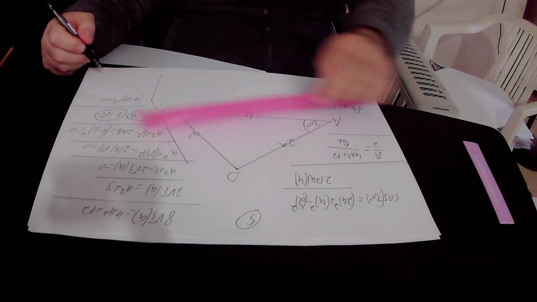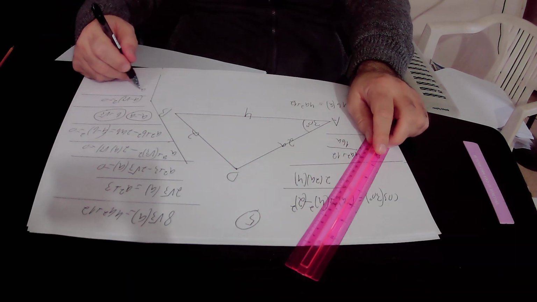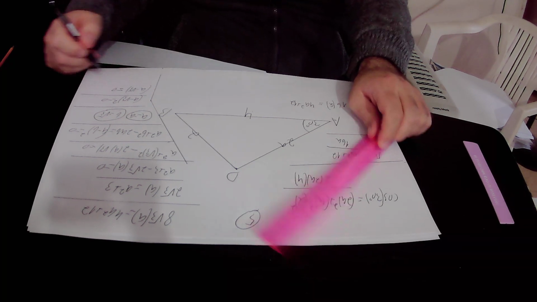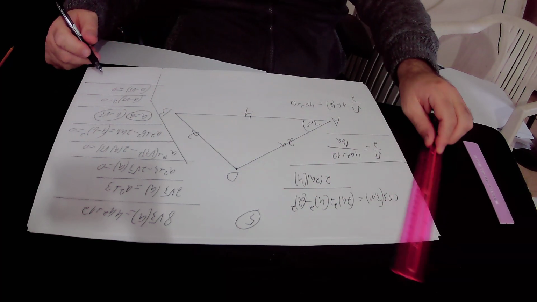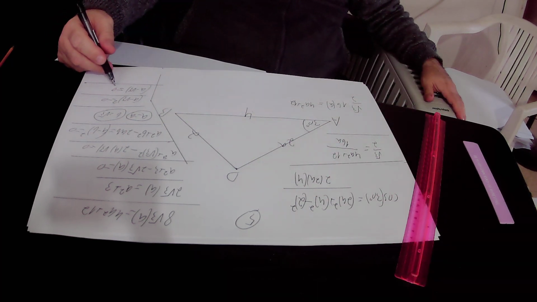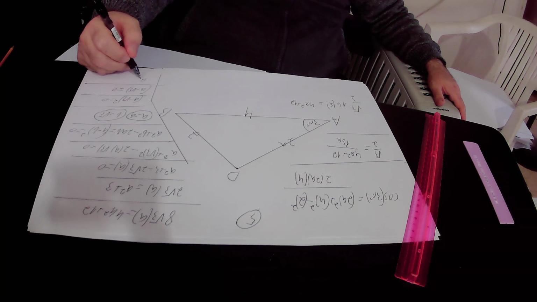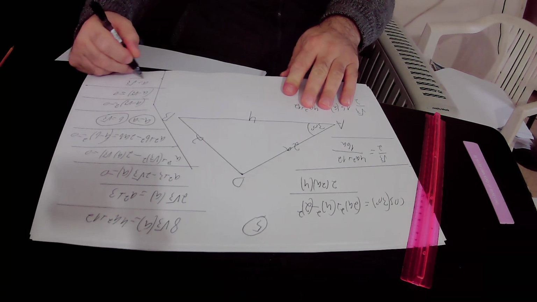Here we'll take a root out of this equation and we'll get that a minus square root of 3 equals 0, because we know that the square root of 0 is 0. We will add square root of 3 to this equation and we will get that a equals square root of 3 units.